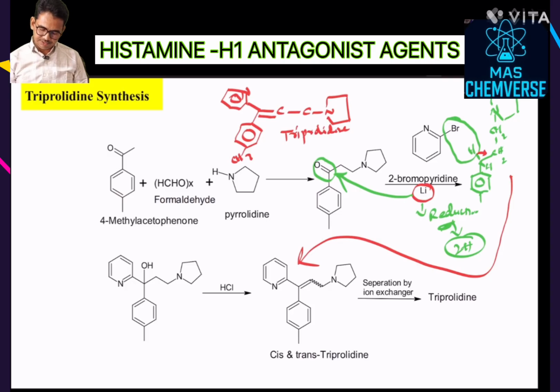Okay, it loses the HBr, not HCl here, it is wrong. In the presence of acid, HBr, here it loses the HBr. Then it is going to get the double bond here. By the relieving of this, it produces the double bond here.